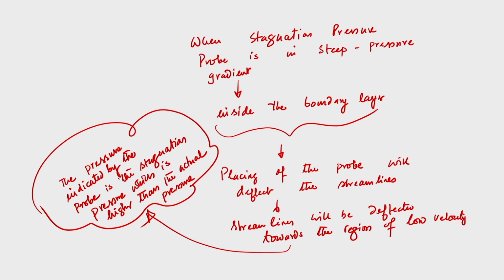Now, I said that for stagnation pressure probes, the probe is normally placed with its axis parallel to the flow direction. Now, the question is, if we place the probe perpendicular to the flow direction, then what will happen?